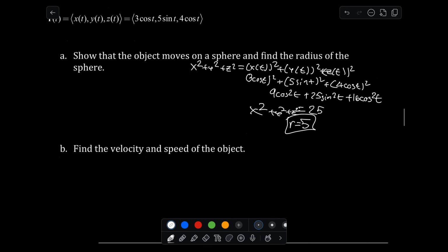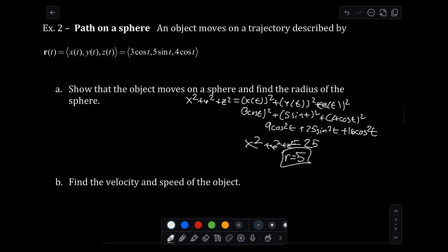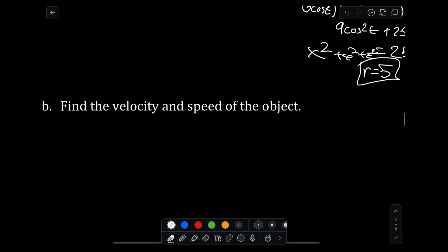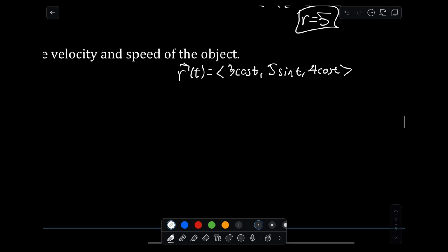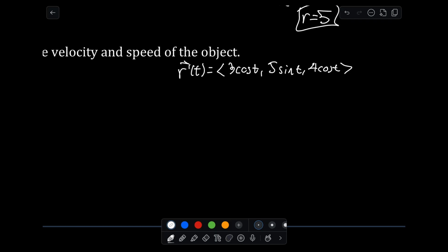Find the velocity and speed of the object. So now that's just us taking the derivative of the position function. So we can write the position function down here. It's going to be r of t equals, and the derivative of this is going to be v of t.